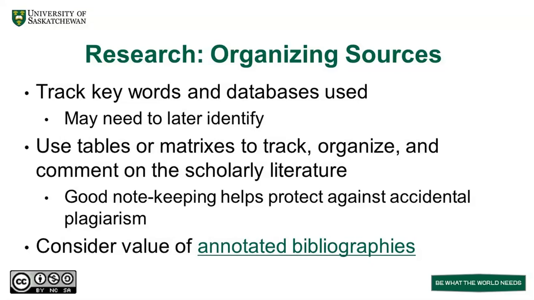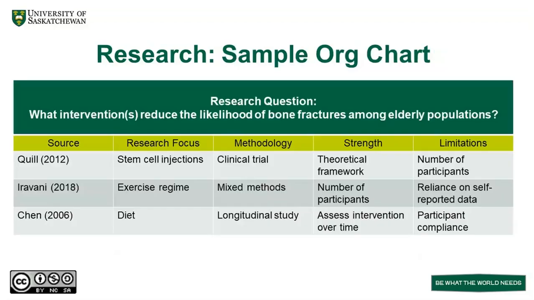You're not simply taking the abstract and putting it into this document, but putting the summary of the study into your own words, again only about a paragraph or two. You're also making comments about the relevance of this source for your own research project. That's going to help you as you're looking at your literature review to determine whether or not you want to feature that source.